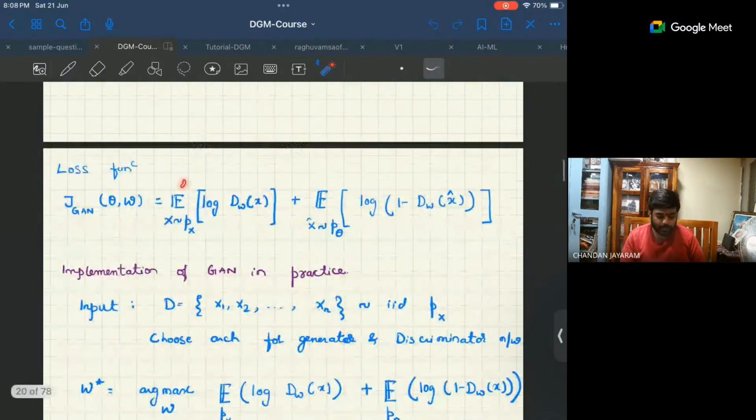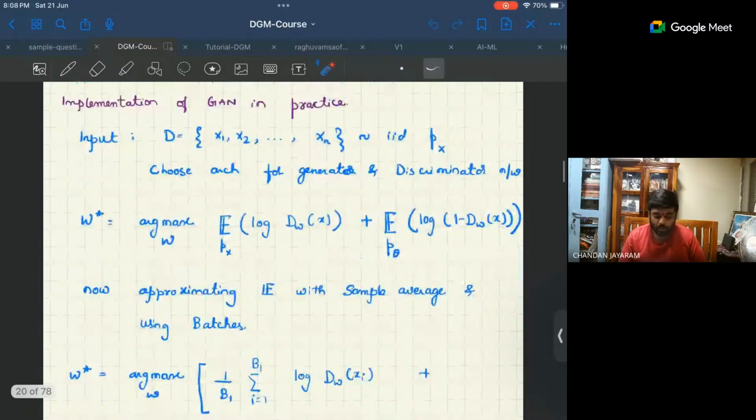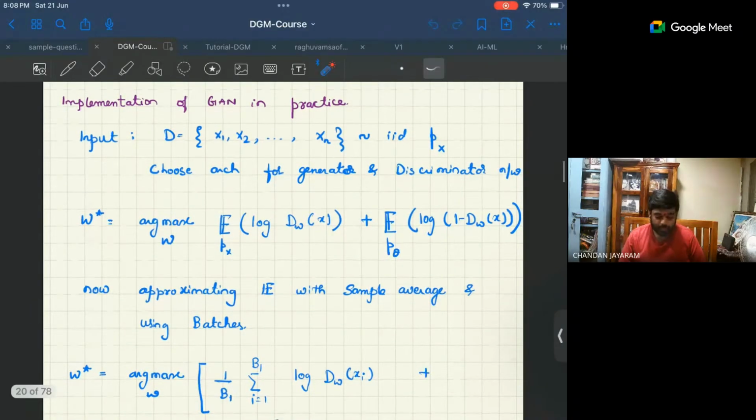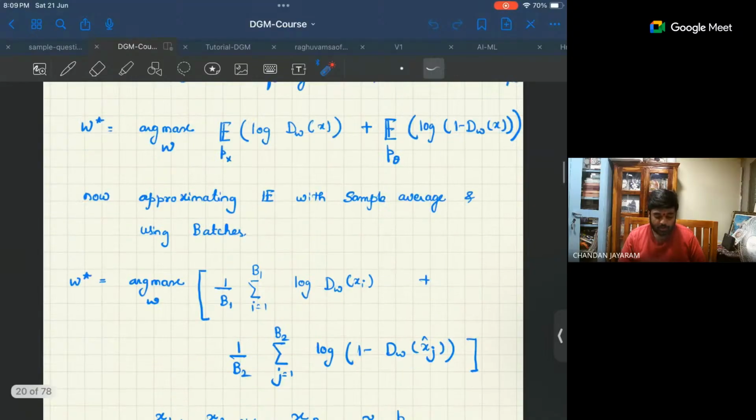So there is an expectation here. How do you remove this, because we don't know the whole thing? How do you take care of it? We use the law of large numbers, and then you can replace this expectation using sample averages. That is what we have done, wherein this is from the real data, as you can see here, just xi.